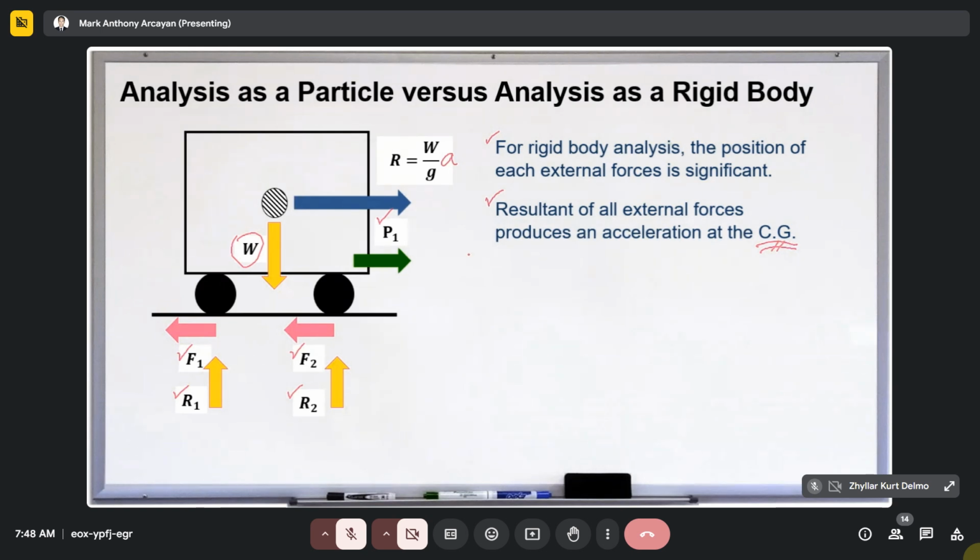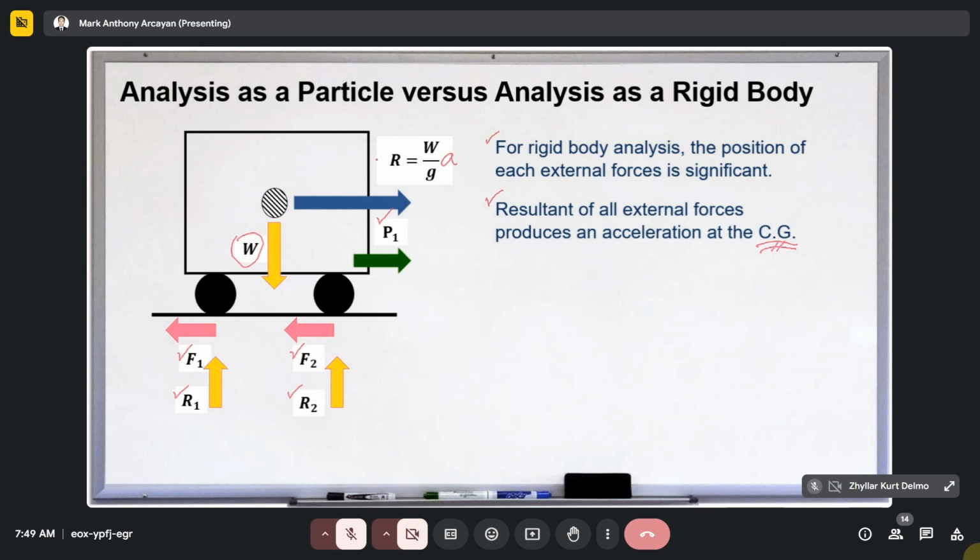Again, what makes the resultant force different from the individual external forces is that we can put this one at the center of gravity. However, for the other external forces, we cannot transfer all those individual external forces to the center of gravity because you can violate the rules.